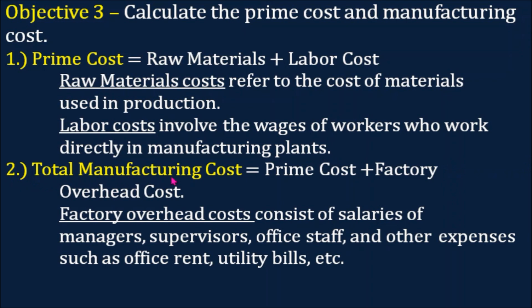While the total manufacturing cost is equal to the prime cost plus the factory overhead cost. So when we say factory overhead cost, that consists of salaries of managers, supervisors, office staff, and other expenses such as office rent, utility bills, etc.